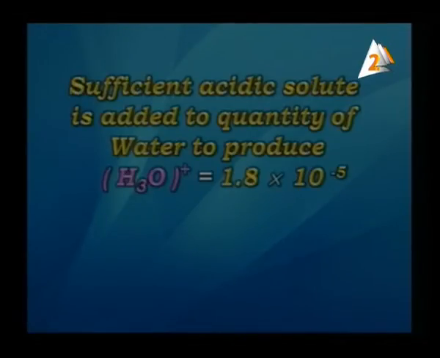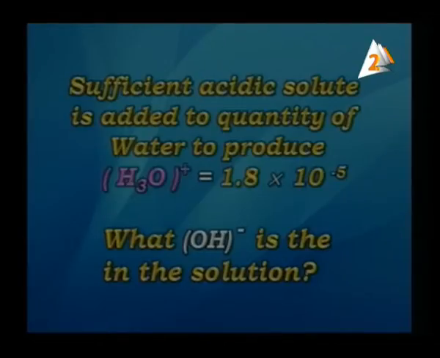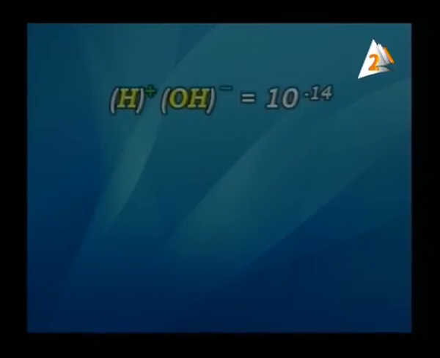It's good and great. Sufficient acidic solute is added to a quantity of water to produce H3O positive equal to 1.8 times 10 power of negative 5. So here, what OH negative is in solution? What is the concentration of hydroxide ions in this solution? What will the answer be? The answer: H positive concentration times OH negative concentration equals 10 power negative 14. We know that because you have a neutral solution.